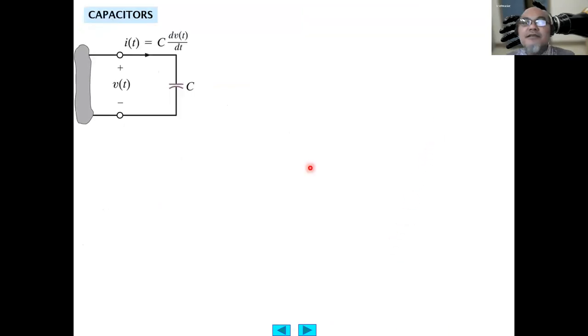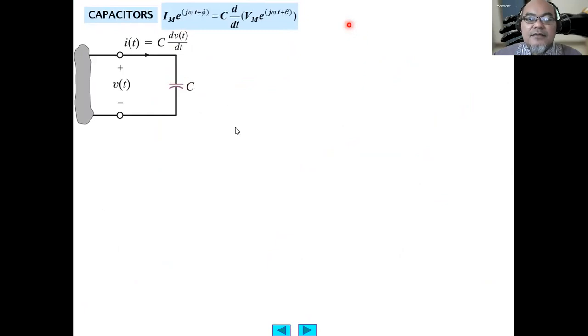Now what about the capacitor? When we connect a capacitance to the voltage source, the capacitance law states that the current equals C dV/dt. Using Kirchhoff's voltage law, the current is Im exponent j omega t plus phi, equal to C d/dt of the voltage.